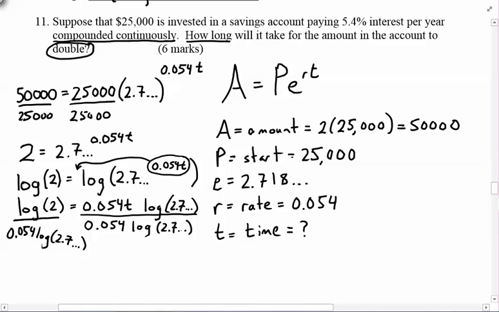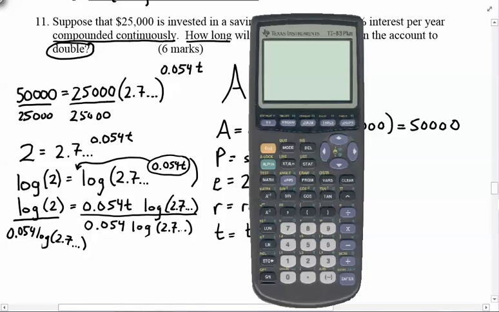So now I need my calculator. Turn it on. I'll go log 2 divided by 0.054 log, and I'll actually write the letter e using the yellow divide sign.